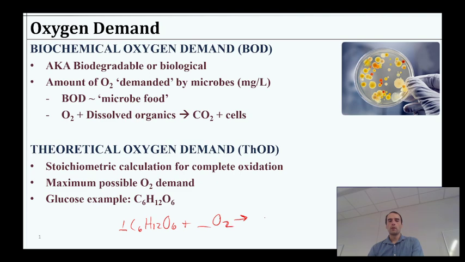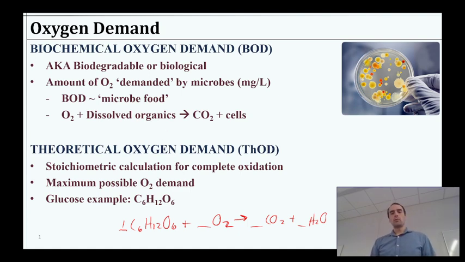The products here are going to be CO2. It's essentially a combustion reaction, right? But we're doing it typically with microbes, or the theoretical here is just saying, well, at most we're going to demand some amount of oxygen to oxidize this glucose.